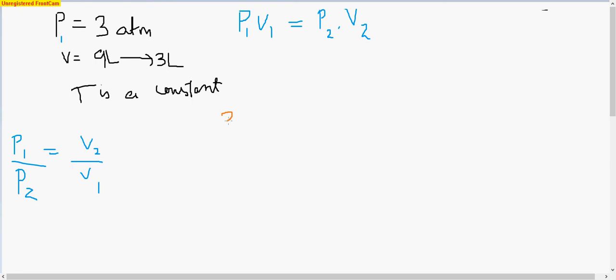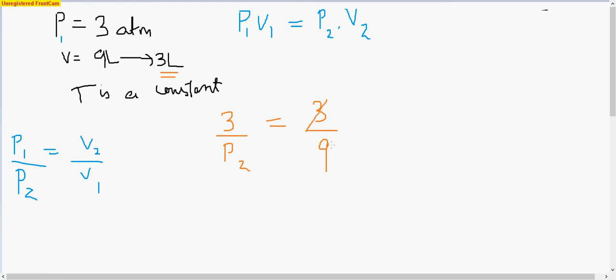So 3 by P2 is equal to volume 2 by volume 1. Now what is volume 2? Volume 2 is equal to 3 liters. Am I right? So it's actually 3 by 9, right? Now what is this?